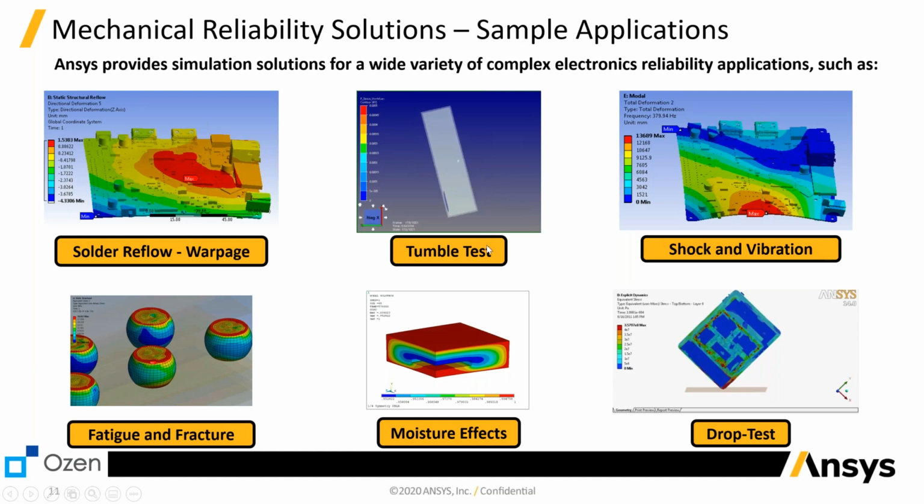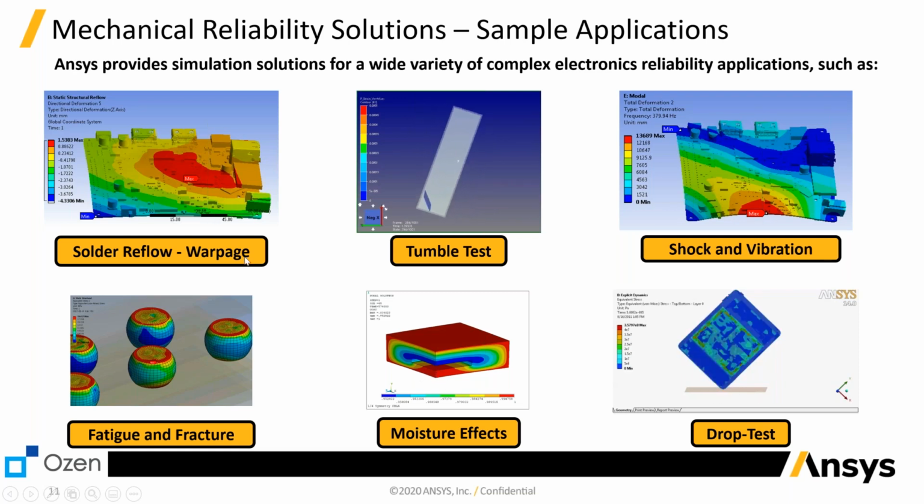And then tumble test. We can definitely simulate that. We can do shock and vibration. Shock is in time domain, and vibration could be in time domain. We could do it in frequency domain. We can even do power spectral density type of simulations if we know the excitation. And then, of course, drop test and moisture effects. Moisture effects can be accounted for, again, in a lot of detail.